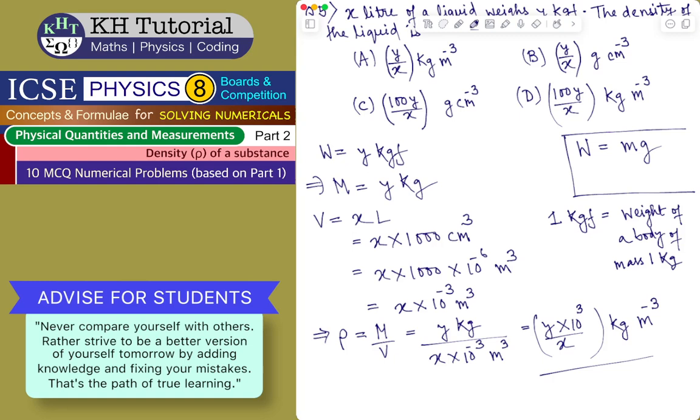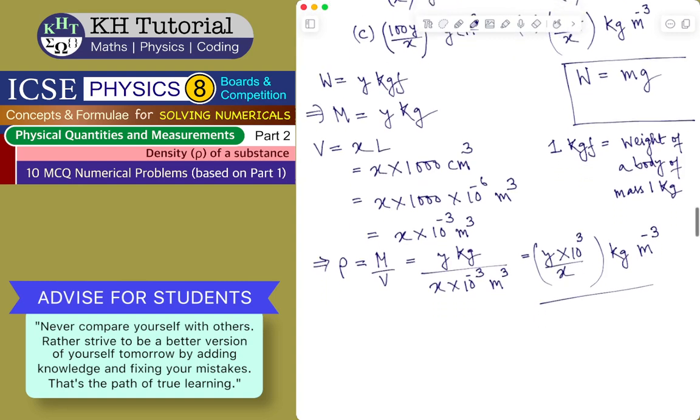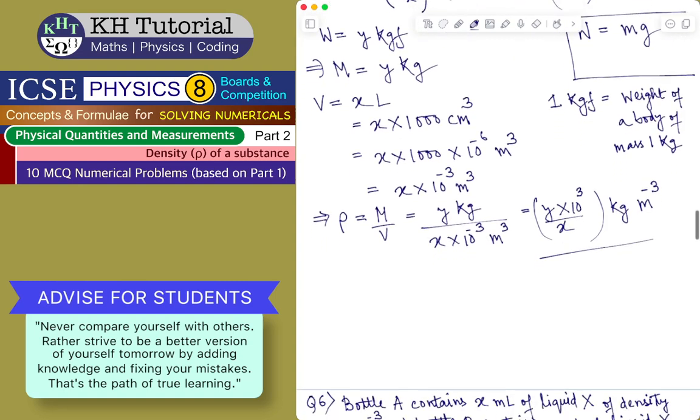Okay, now let's try to convert the density into CGS unit, that is gram per centimeter cube. So we know the formula to convert the value of density from SI to CGS: we just multiply with 10 to the power minus 3.